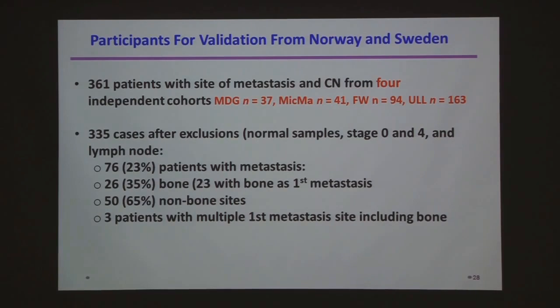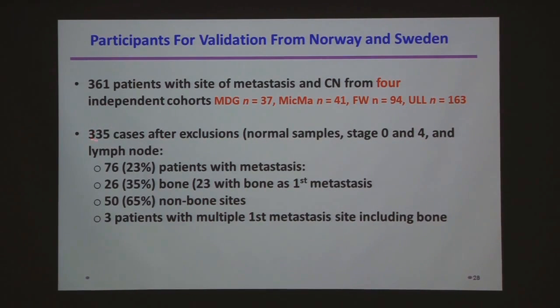We actually downloaded these from GEO, a publicly available data website. These were colleagues of ours from Norway and Sweden, and they had 4 small studies where they did conduct copy number analysis. They did not use the same array that we used. They did it with another array.